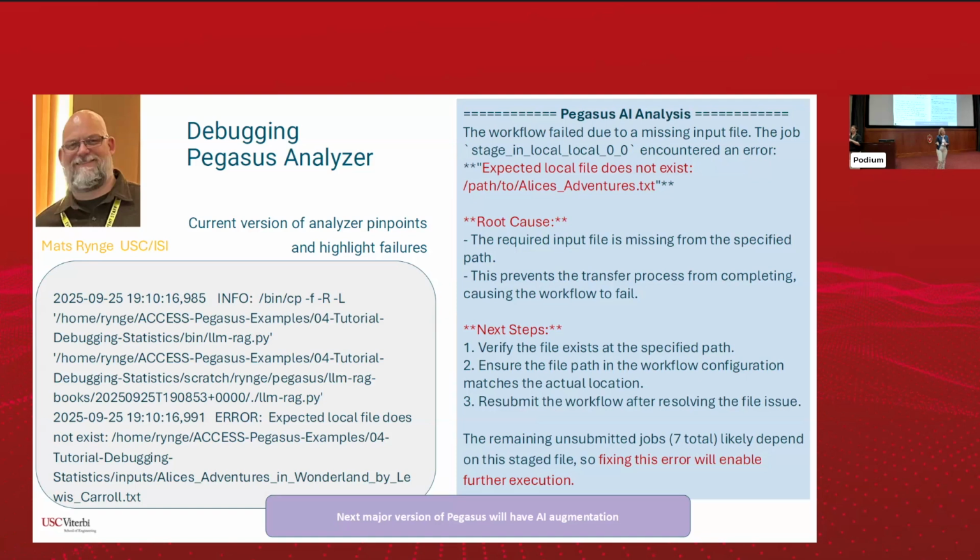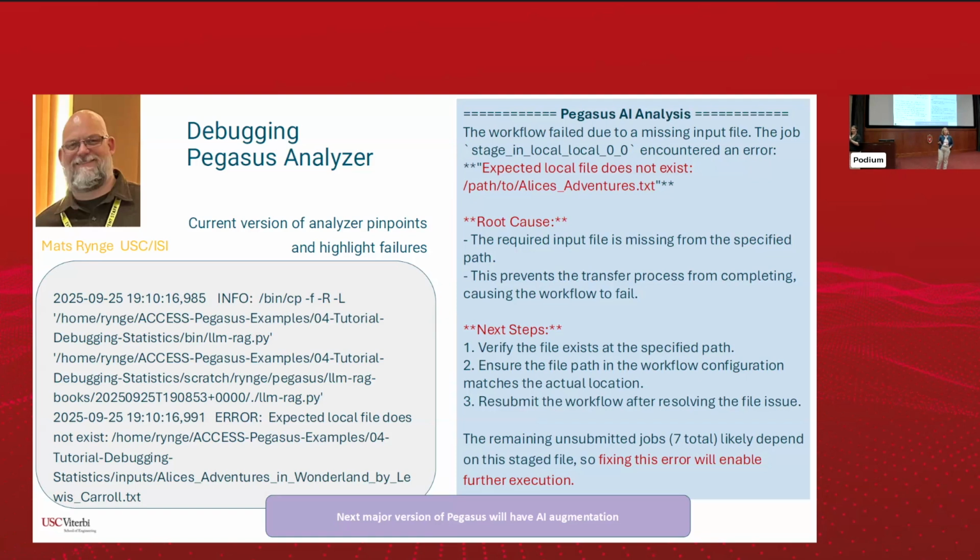So on the other side, Mats is using AI to generate something more human-readable. It talks about what happens if a particular file didn't exist. It talks about the root cause, so the file is missing under the specified path. It also tells you the next steps and how to fix it, and it also tells you that it will likely work if you fix that.